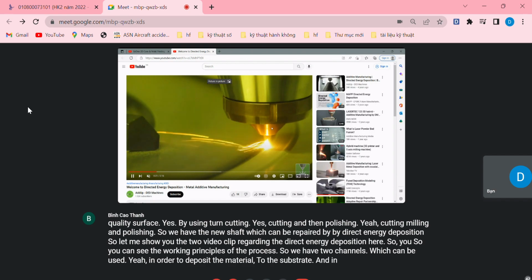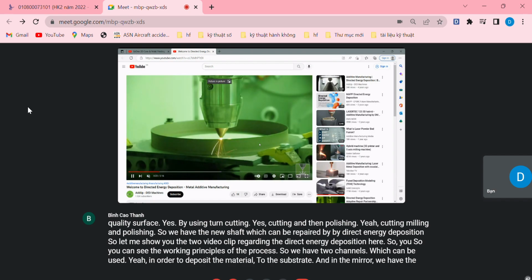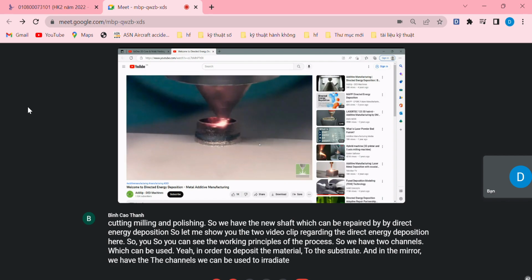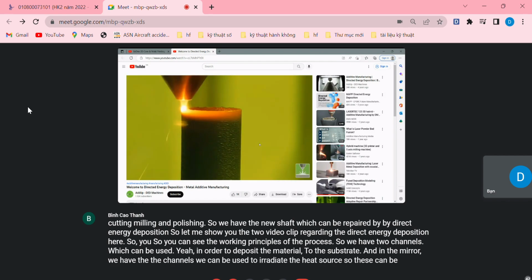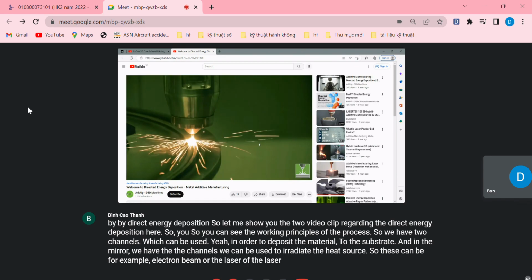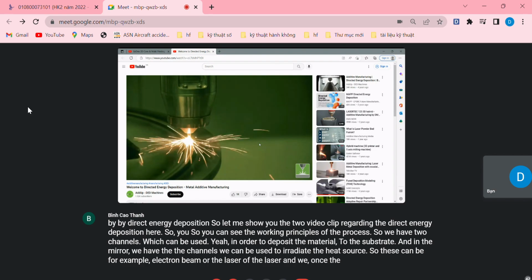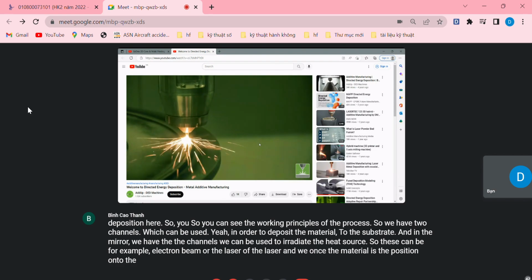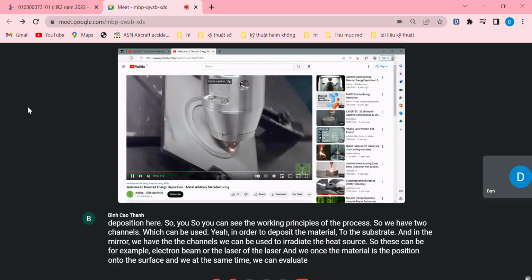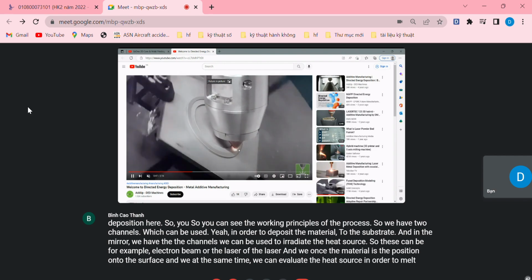And in the middle, we have the channel which can be used to irradiate the heat source. It can be, for example, an electron beam or a laser. Once the material is deposited onto the surface, at the same time we can irradiate the heat source in order to melt the material.